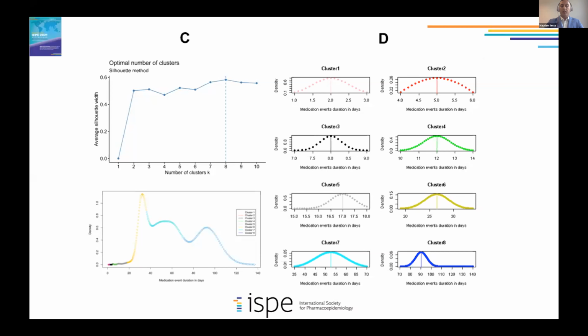And there is a special method known as the silhouette method that allows, based on properties of Euclidean distance in clusters, to identify the optimal number of clusters for the data we provide to this model. After that, for each cluster, we are going to take the median of the temporal distances between a randomly selected sequential prescription. And this will represent the median duration for the individuals within that cluster. And this applies to all the other clusters as well.